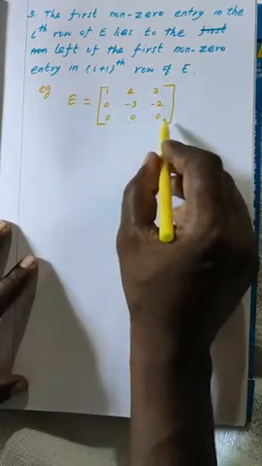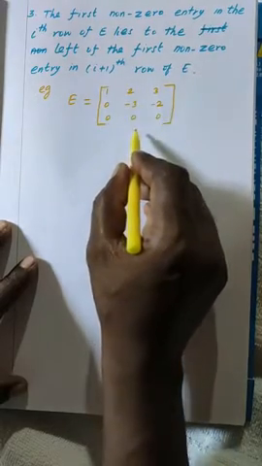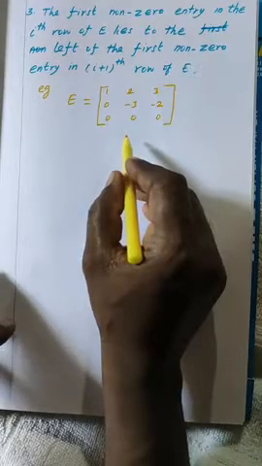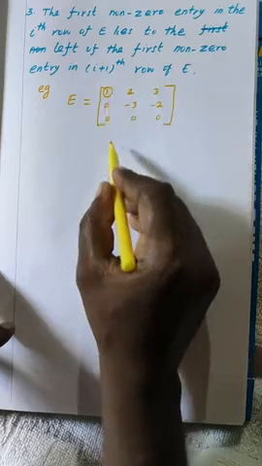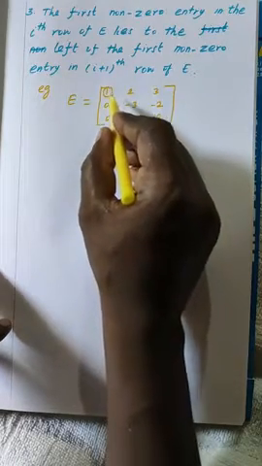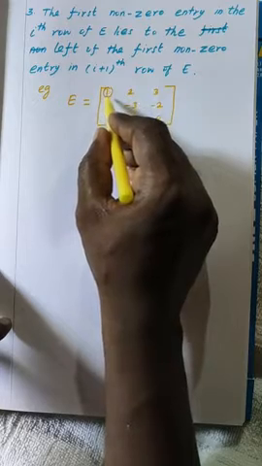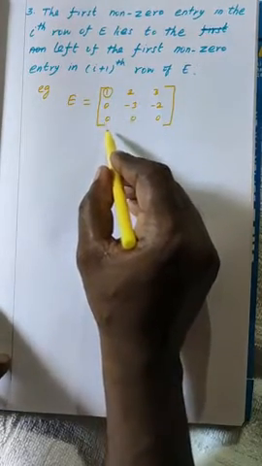So this is the zero row, and it occurs below every non-zero row. And the second one is the first non-zero element in any row. Consider the first non-zero element in the first row and first column, then below that first non-zero element, all the elements are 0.